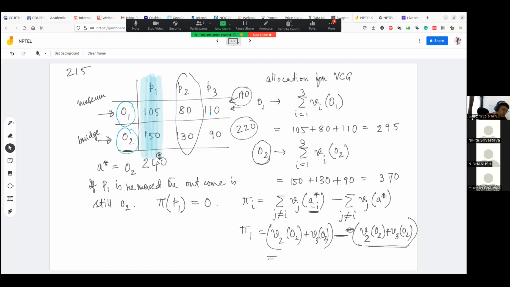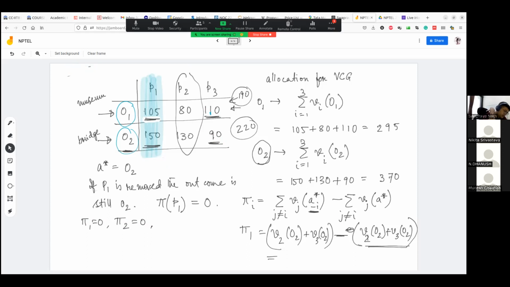Is that correct? What I'm doing is summing these two things, 105 and 110, and also 150 and 90, and checking which one is larger. It turns out again O2 remains the highest. So player 2 will also have a zero payment. Pi 1 was already 0, and pi 2 also happens to be 0 because it is also a non-pivotal agent.